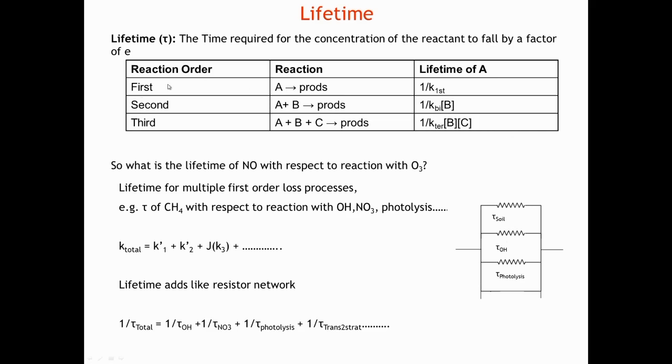So you just need to remember that the lifetime of a reactant is dependent upon the concentration of the other reactants. If it's unimolecular, then there are no other reactants, so it's a constant. If it's bimolecular, there's only one other reactant, so it's 1 divided by the constant times the reactant concentration. If it's termolecular, there are 2 other reactants.